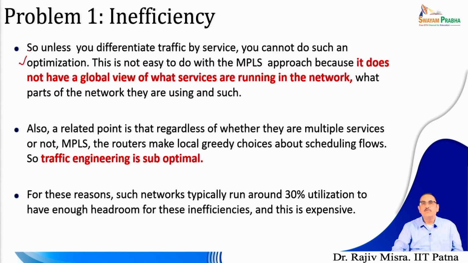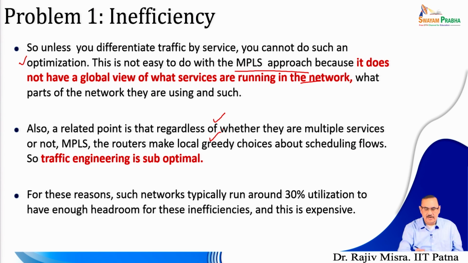It is not easy to do with the MPLS approach, because it does not have a global view of what services are running in the network and what parts of the network they are using. Also, regardless of whether there are multiple services or not, in MPLS the routers make local greedy choices about scheduling flows.